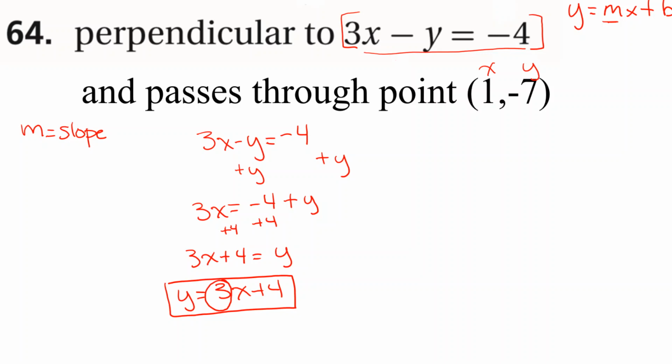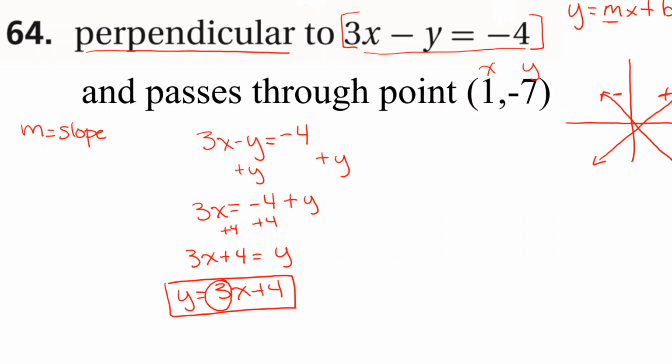But this new line that we're going to have has to be perpendicular. So let's talk about the qualities of perpendicular lines. If I have one line going up to the right like this, this is a positive slope. In order to get a line that's perpendicular, I'm going to have a line that has a negative slope.